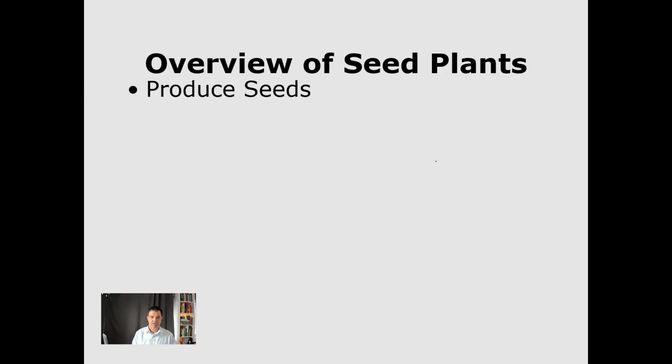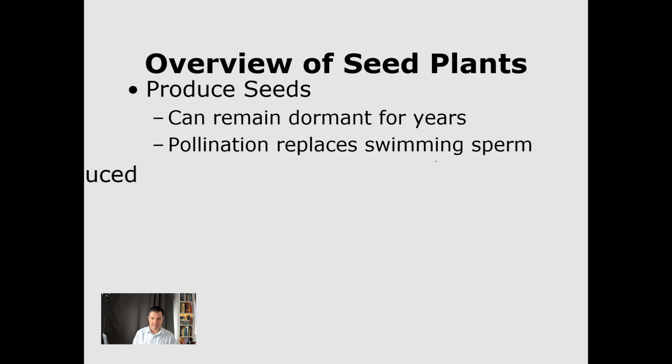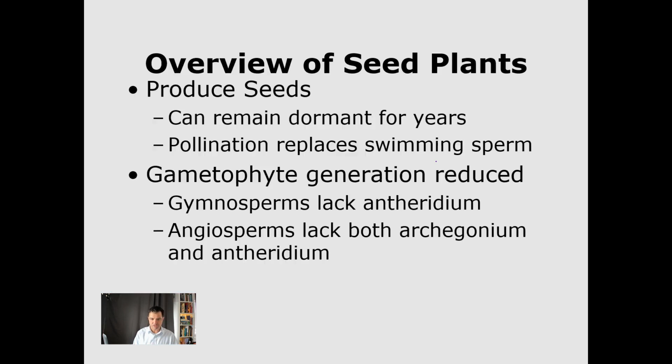All right. Now, when we talk about seed plants, there are a bunch of interesting things about them. They're going to obviously produce seeds, and the seeds can remain dormant for many years. And we're going to end up seeing pollination as a very successful delivery system for replacing swimming sperm.